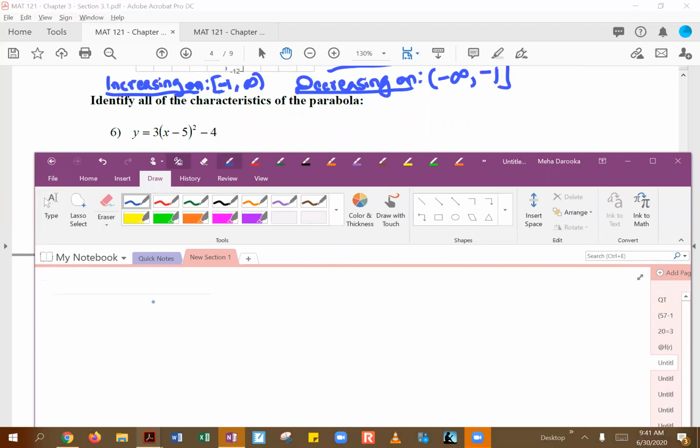Okay, so we are given, and you can see, of course, this is in the transformation form. Y equals 3 times x minus 5 squared minus 4. So let's talk about the opening first.